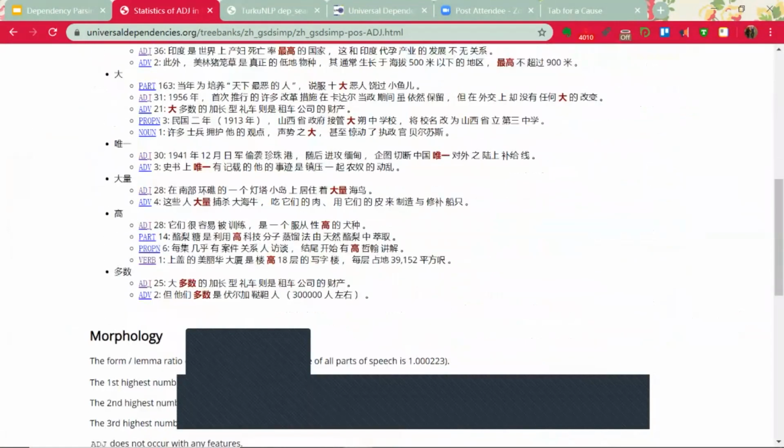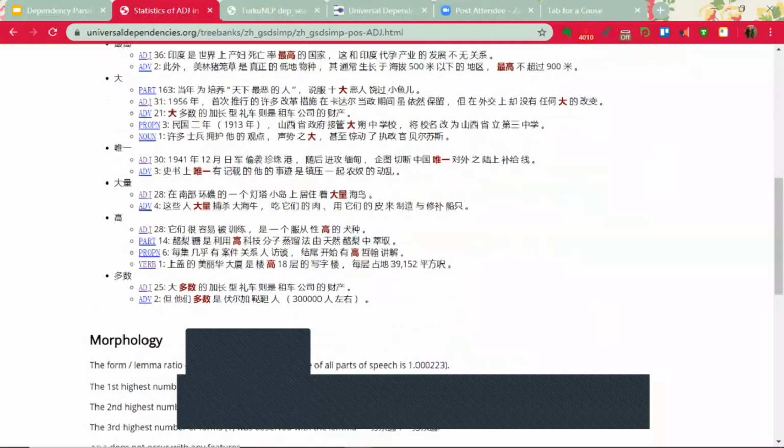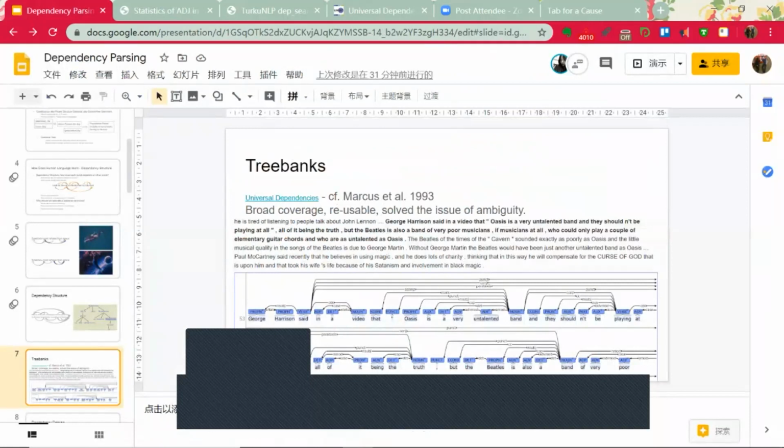This could be very interesting, and if anyone is interested, just go to the Universal Dependencies website, and you will be able to see more examples in different languages.